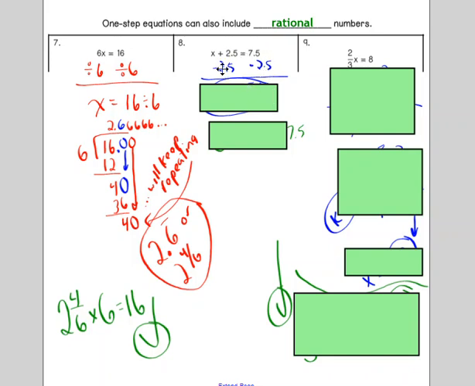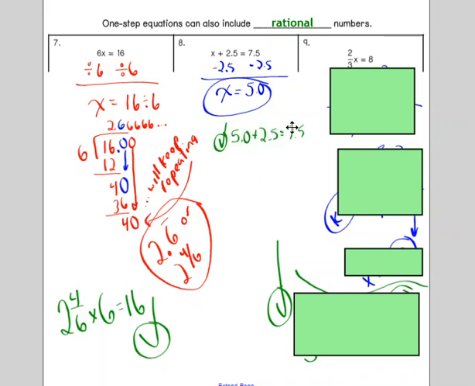So when I do that, these cancel out, and I'm left with x, which means I've isolated the variable. And on the other side, I end up with 5.0. So x has a value of 5, really. And think about it, $5 plus $2.50 would be $7.50. So this checks out okay. You want to prove that, show your work and double check, but that's where you end up.